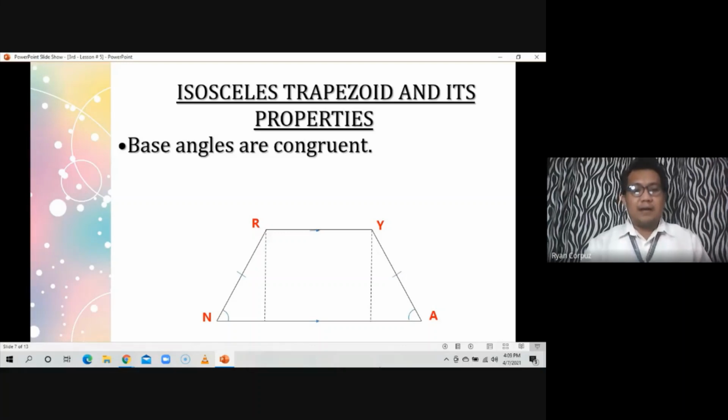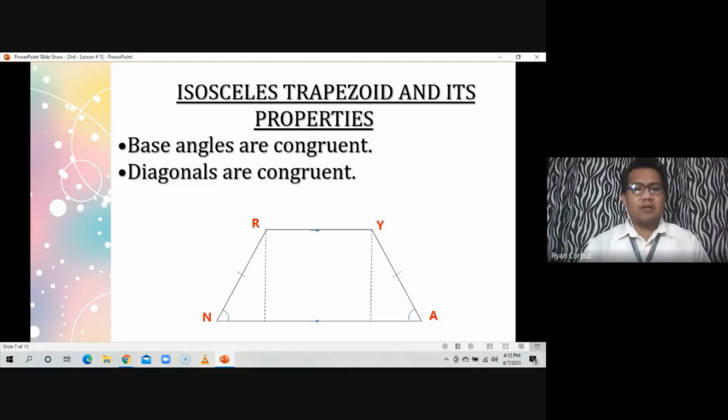The base angles of an isosceles trapezoid are congruent. Nasaan yun? Angle N and angle A, they are congruent, as well as angle R and angle Y. Since base angles din yun, they are also congruent. Hindi lang natin nilagyan ng markings, pero when we are talking about base angles of the isosceles trapezoid, they are congruent in measure.